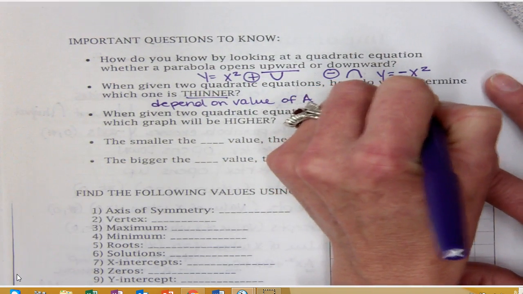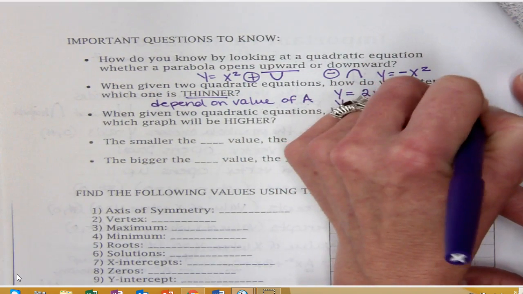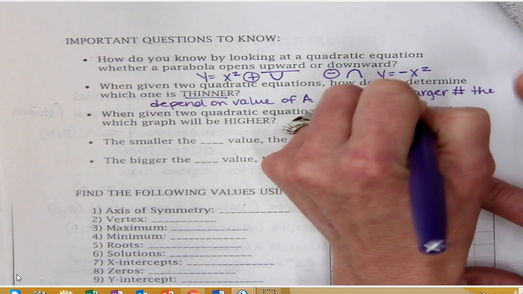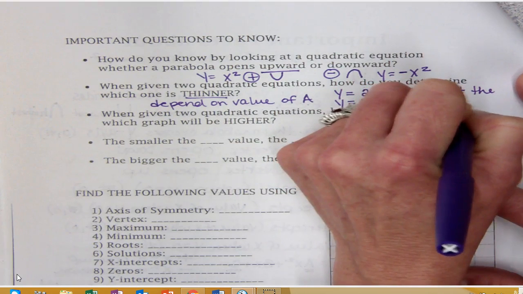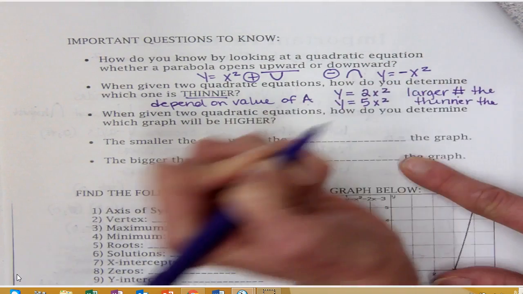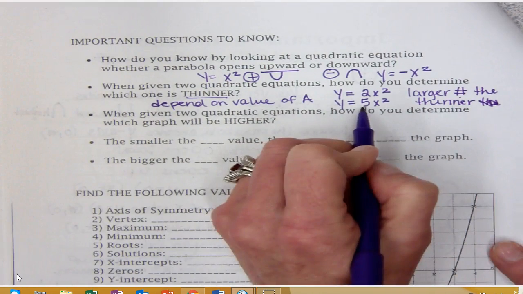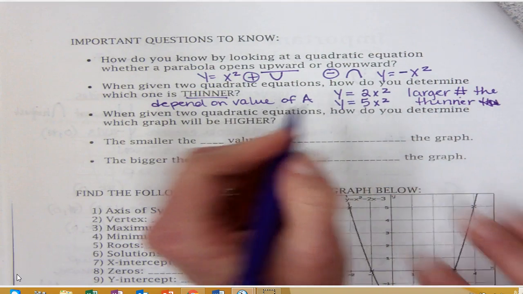The larger the number, the thinner the parabola. Okay, so the larger number, it gets thinner.